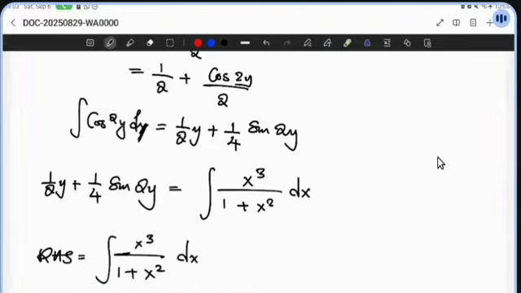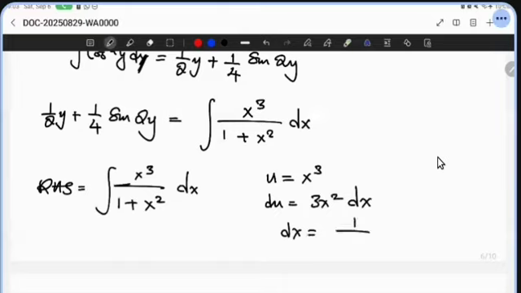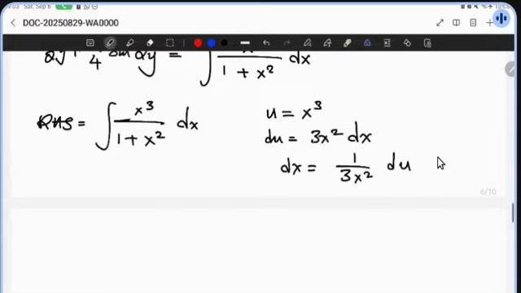When you use u substitution, the odd variable should disappear. Let's try. If u is x to the power 3, du will equal 3x squared dx, so dx will be 1 over 3x squared du. So let's see.